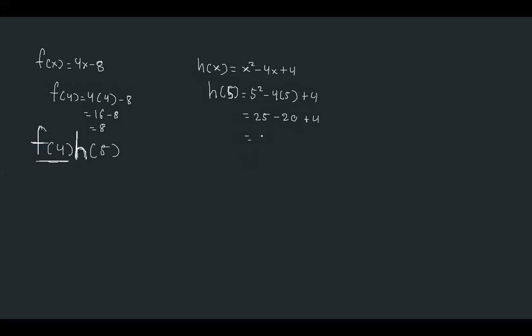So 25 minus 20 will give you 5. So plus 4. So therefore, f of 4 is 8. So this is 8 times h of 5, which is 9. So 8 times 9 is 72. And that is your answer. Okay? So yeah, that's it, right?